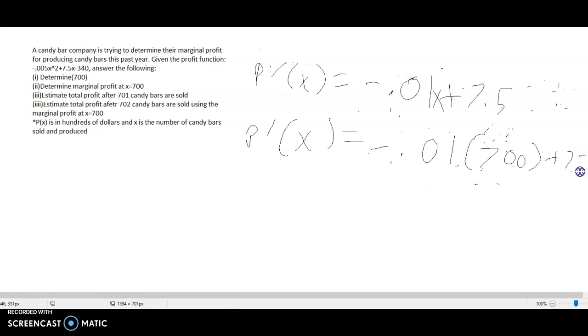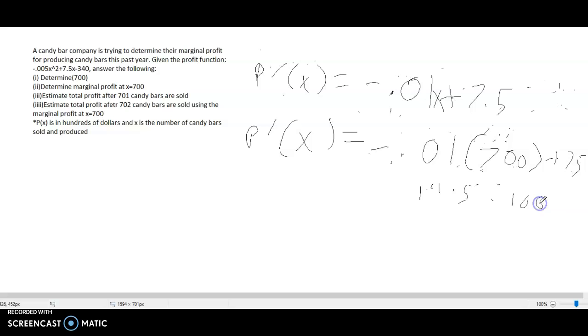Once again, I already did the math. You will get 14.5. But remember it's in hundreds of dollars, so you multiply that by 100 and you get 1,450. And that's the profit from selling the 701st item.